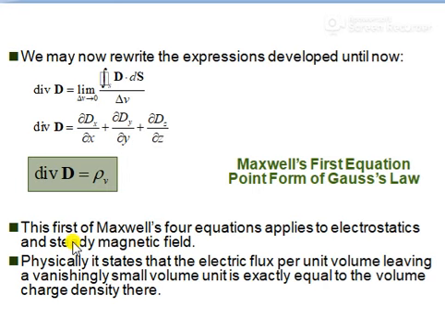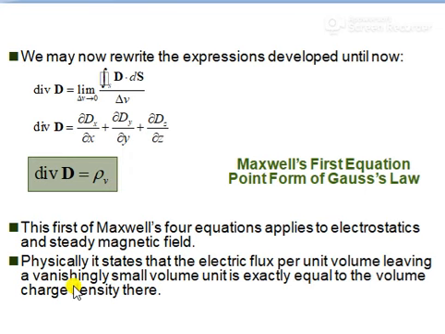This first of Maxwell's four equations applies to electrostatics and steady magnetic fields. Physically it states that the electric flux density per unit volume leaving a vanishingly small volume unit is exactly equal to the volume charge density there. This is the first Maxwell equation.